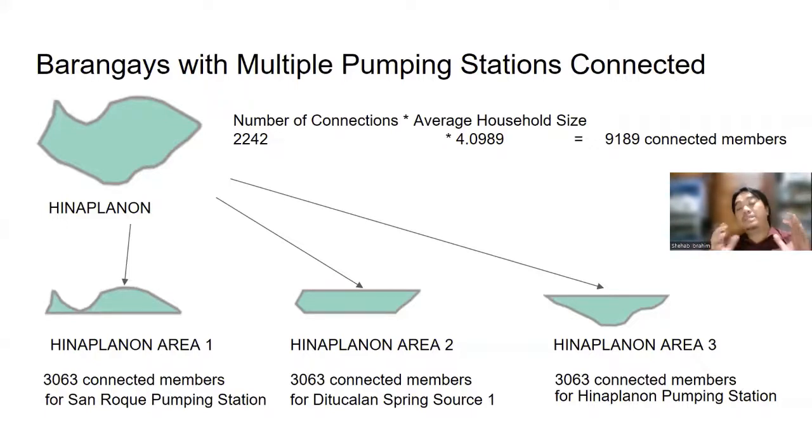We cannot get the actual division of this area because it was not provided by the ICWS, so we just did estimations. We equally divided the polygon into 3, the number of pumping stations connected, and we also equally divided the connected members. So we assume that there are 3,063 connected members for each of Hinaplanon Area 1, Area 2, and Area 3.